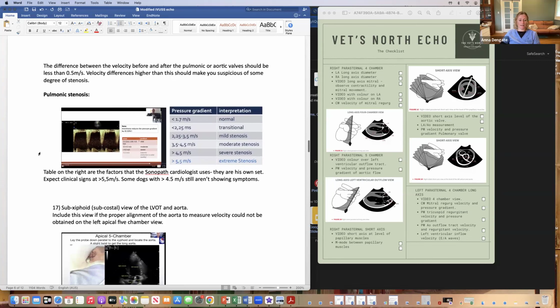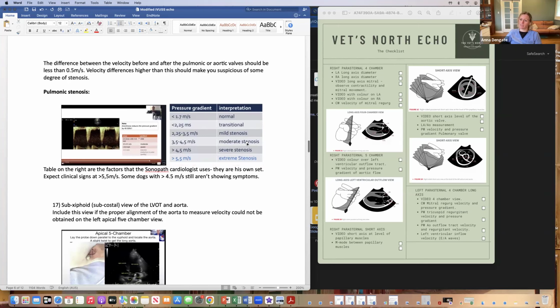So this is an excellent summary of interpretation. If we're measuring less than 1.7 meters per second, it's normal. If it's over 4.5, it's severe, and everywhere in between kind of doesn't matter because they don't treat it anyway if it's less than severe.